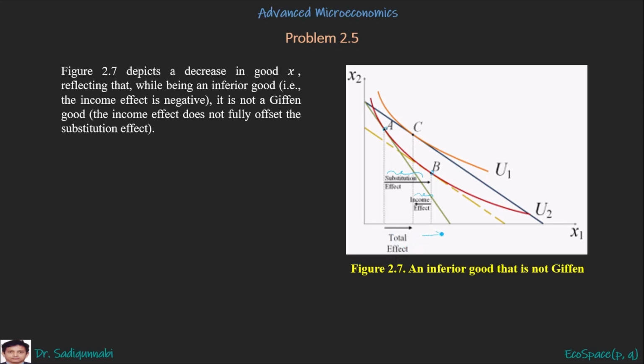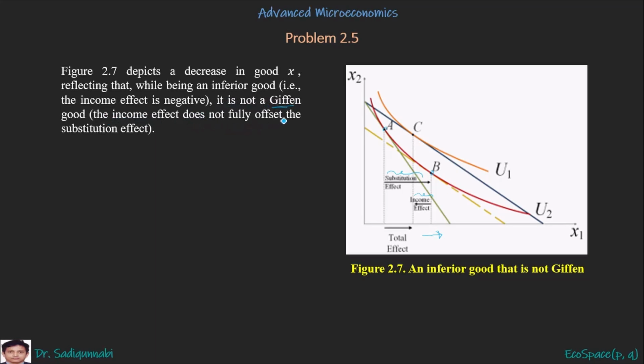Let's see what is written here. Figure 2.7 depicts a decrease in good X, reflecting that while being an inferior good, the income effect is negative. That means inferior good means income effect is negative. It is not a Giffen good, because the income effect does not fully offset the substitution effect.